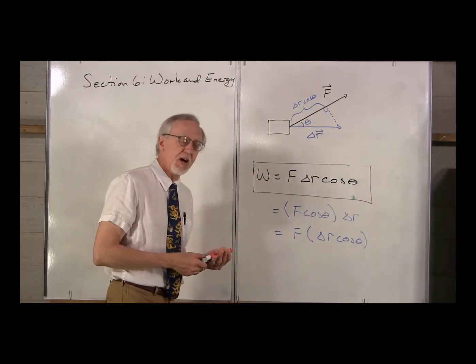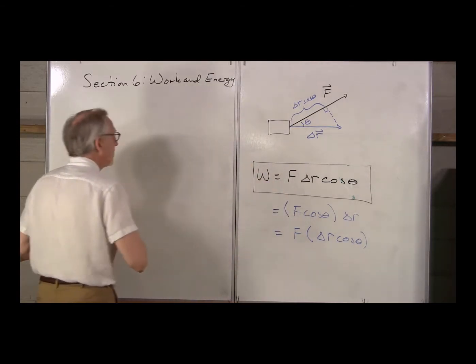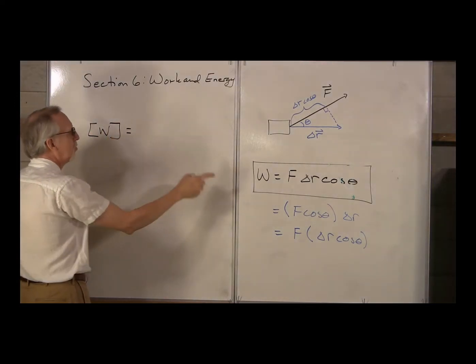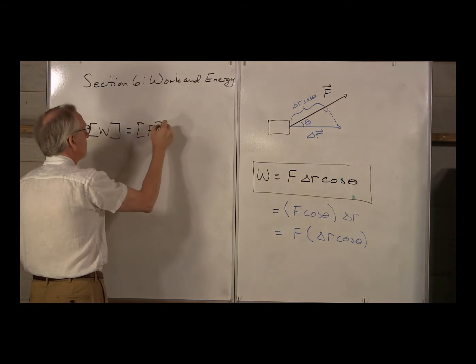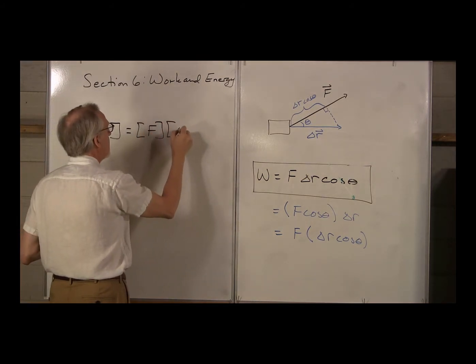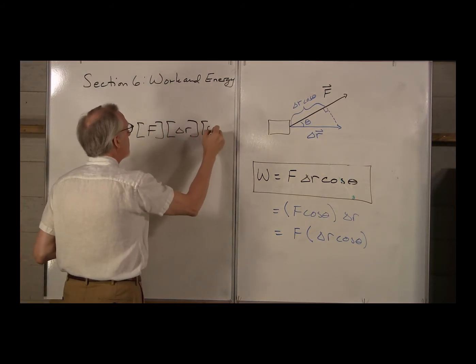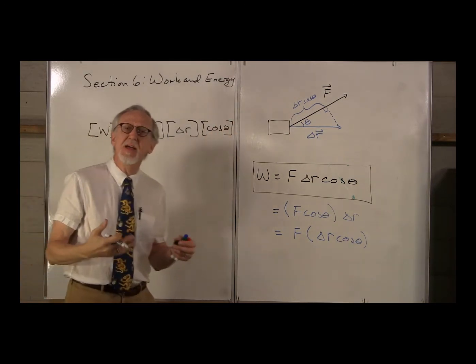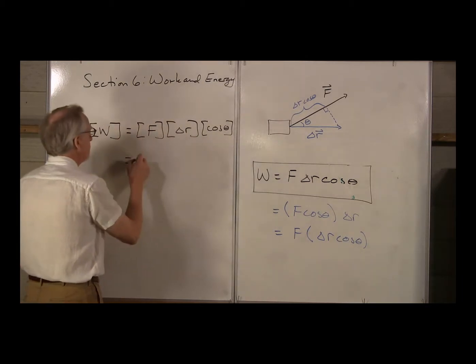What are the units of work? Well, we'll get the units of work right from this equation here. The units of work will be the units of force times the units of delta R times the units of cos theta. What's the standard SI unit for force? It's a Newton.